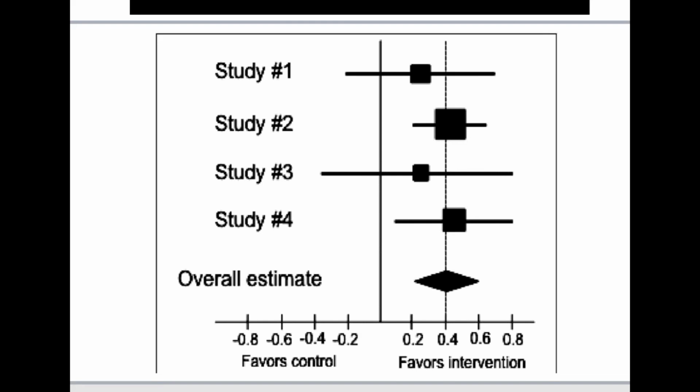After explaining all of these, you can ask your colleague to repeat for you: what does this square represent? What does this line represent? And what does this diamond represent? Then appreciate his effort and say, that's great, you are a fast learner.